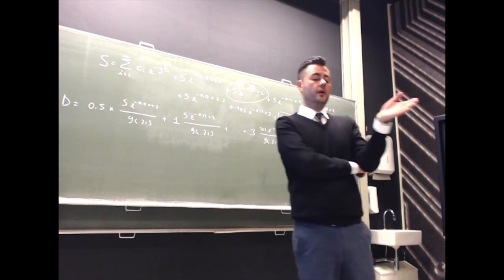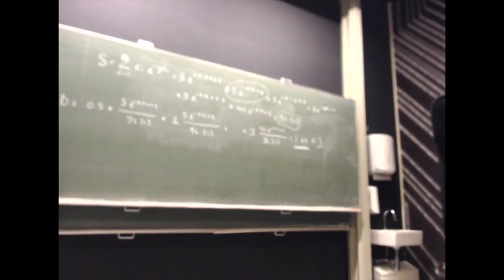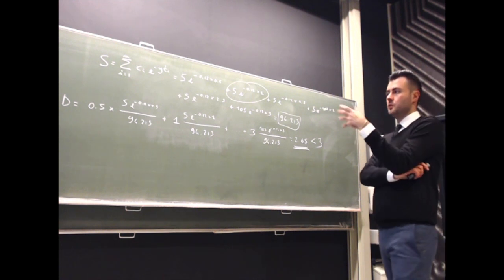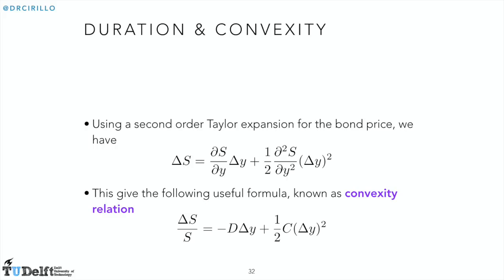As we did with the other Greeks, for example, with the delta approximation, the delta gamma approximation, the delta gamma Vega approximation, we can do the same with interest rate related products. So we can see how the change of the value of the asset is related to duration and convexity. And if you want, we can say that the percentage change in the value of the asset is essentially this very simple, straight formula that includes duration and convexity.